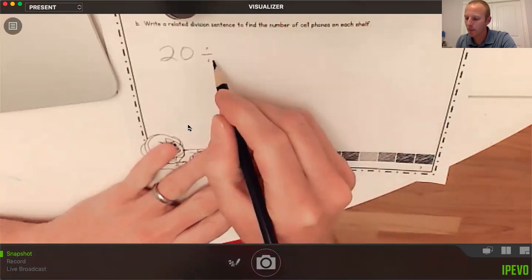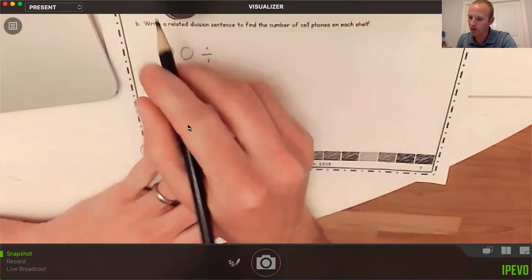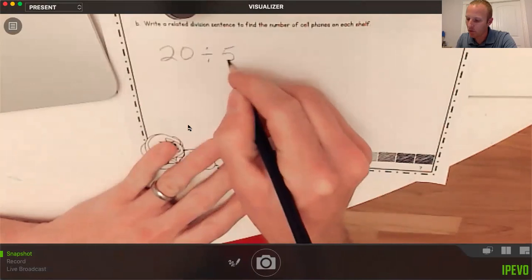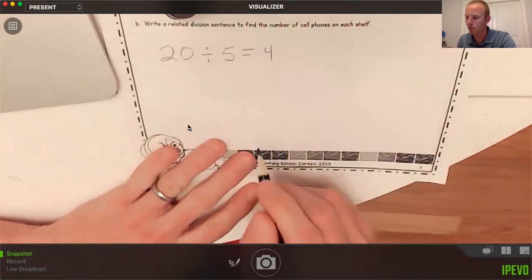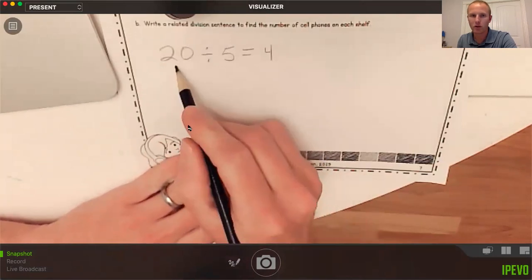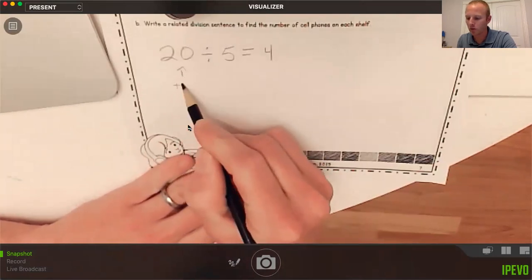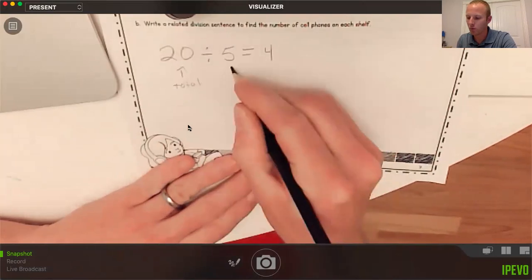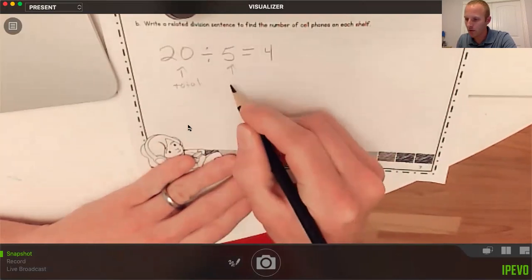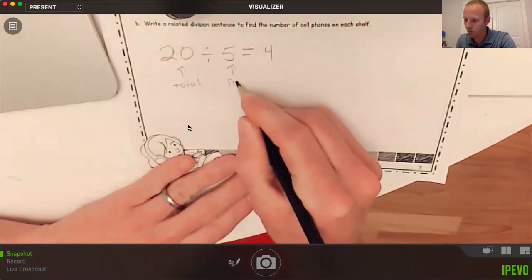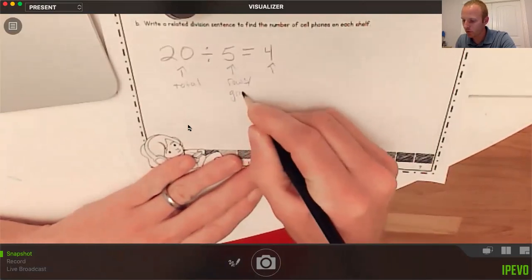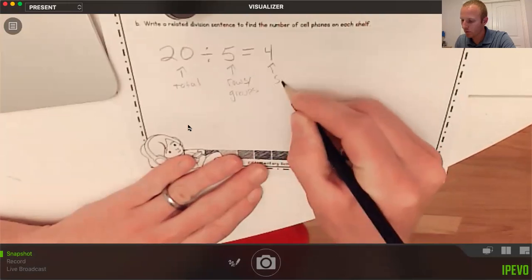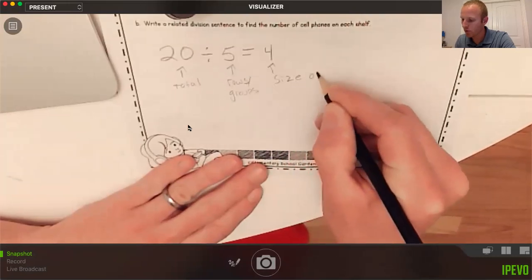So I have 20 divided by 5 rows equals 4 in each row. So again, we had 20 total things, cell phones in this case. We put 5 rows, or groups, and then 4 was the size of the group.